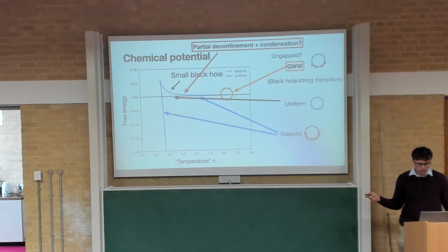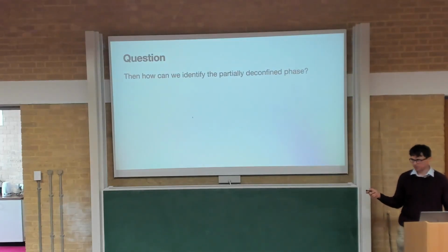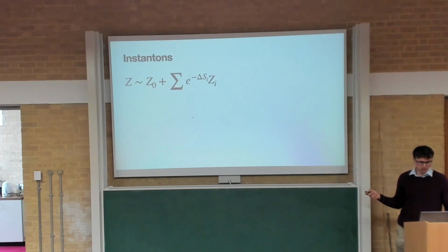resolution. But it's still quite unsatisfying because the question remains, how can we identify the partially deconfined phase in that case? And I think the answer might be to think more carefully about other contributions to the partition function, which are known as instantons.